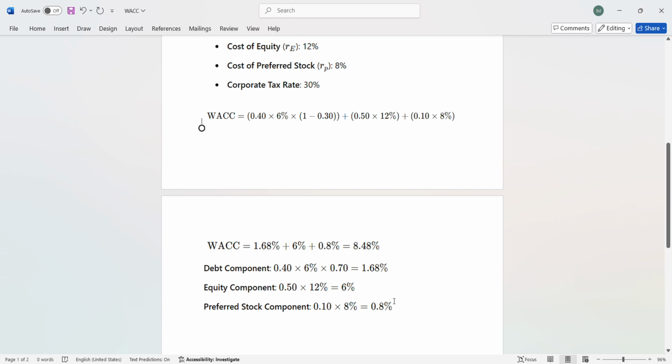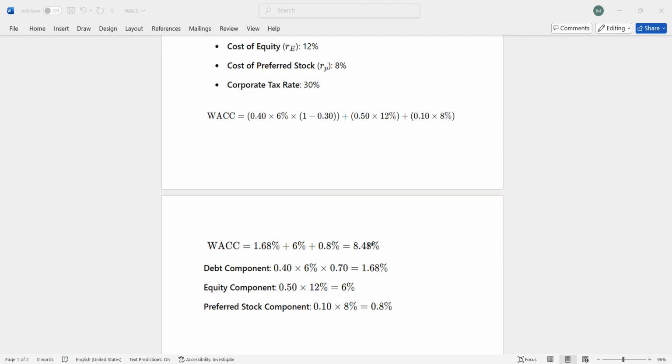The main intuition is that you have to figure out how much weight you want to put on each source, find the cost rate for that source, and multiply them to get the expected value for that debt, equity, or preferred stock component. If you add all these components, you get the weighted average cost of capital.